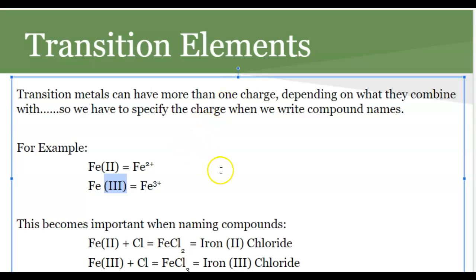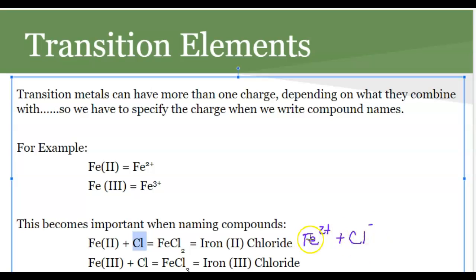And at the bottom, you can kind of see a few examples of that. So for example, if I had Fe2, well then that tells me that that iron has 2 electrons to give. If I'm combining it with Cl, Cl normally has a -1 charge. So I'm being told with this information here that Fe is a 2+, and I'm trying to combine it with Cl, which I know is a negative.